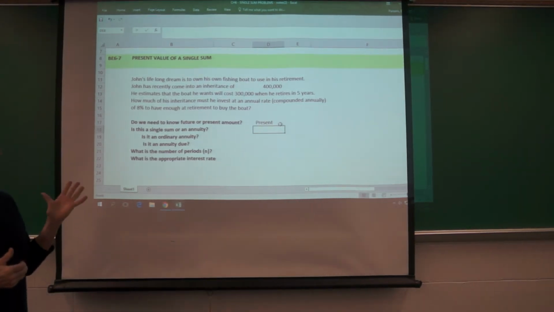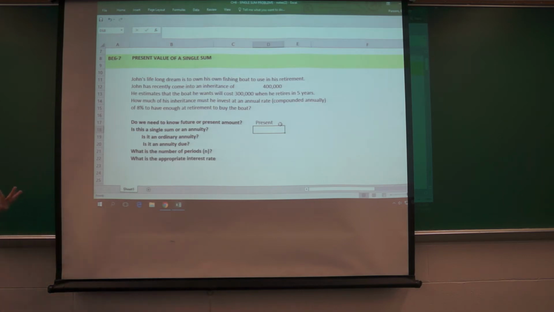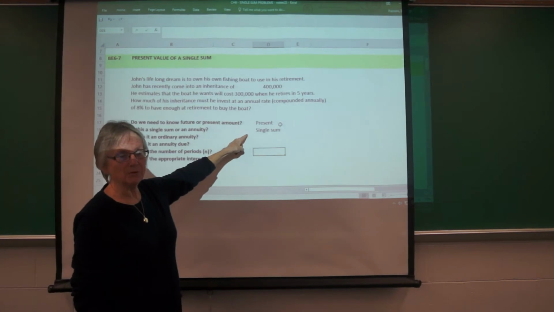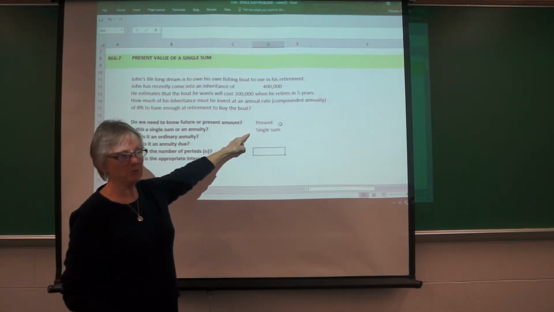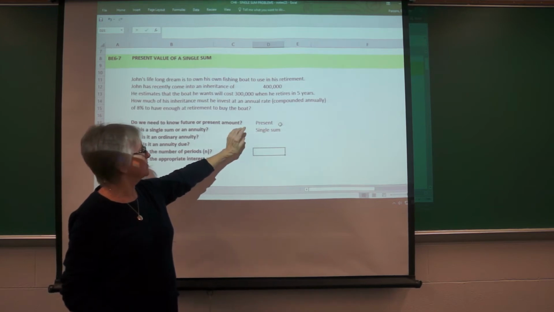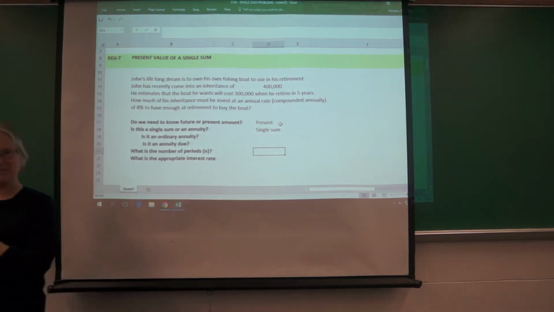Well, we're talking about one lump sum of the 300,000, so it is a single sum. So the answers to those two questions, we can ignore the next two since it's not an annuity. The answer to these first two questions gets you to the right table. You're going to go to the present value of a single sum, or the present value of one table. So that gets you that far.